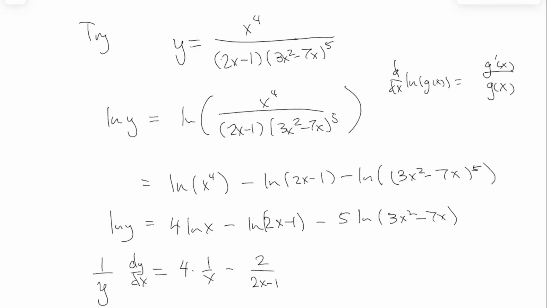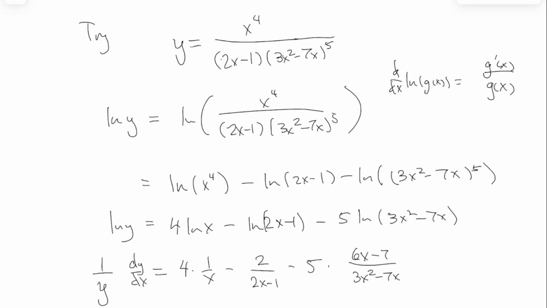This is probably, if you can remember that way of writing it, the easiest way to write these answers. Each time what's inside the natural log ends up in a denominator, and the derivative of that stuff on the inside ends up as a numerator. And then I got minus 5 times 6x minus 7 over 3x squared minus 7x. All right, I think I did that right.